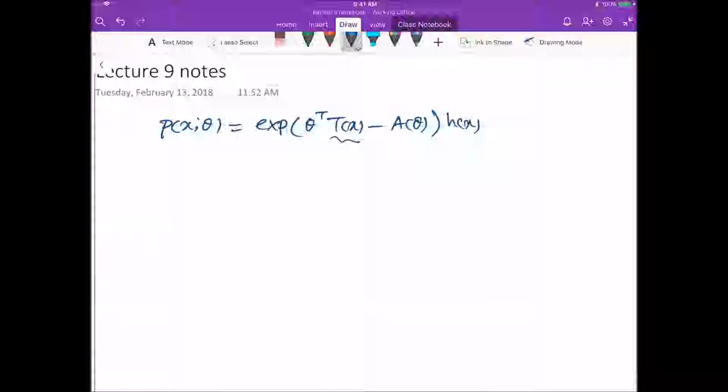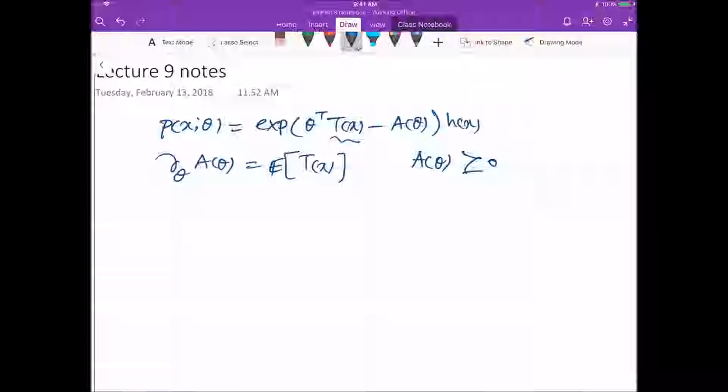It's called the base measure, and it was independent of theta. We talked about maximum likelihood estimation in the context of the exponential family, and we said that the partial of A with respect to theta is going to be the expectation of the sufficient statistic. We also mentioned that the second derivative of A of theta is positive definite, the covariance, and so on and so forth.